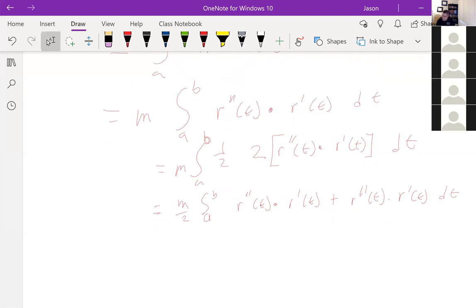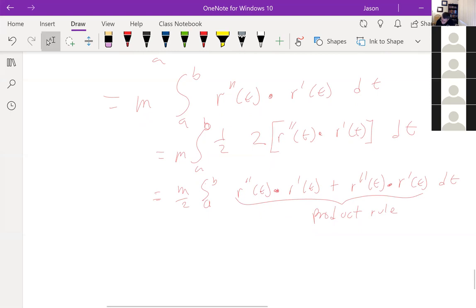Why do I want 2 of those? Because this is the product rule for the dot product. Product rule for what dot product? Well, for r prime of t dotted with r prime of t, right?